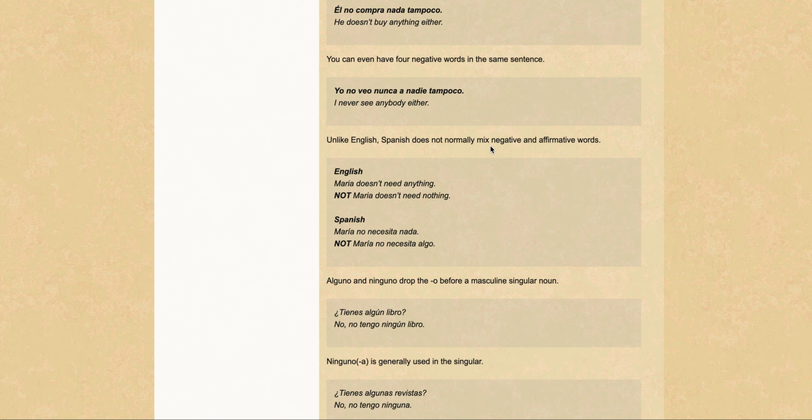So Maria doesn't need anything, right? Doesn't is a negative word, and anything is affirmative. So we are seeing a mix of a negative and an affirmative word.